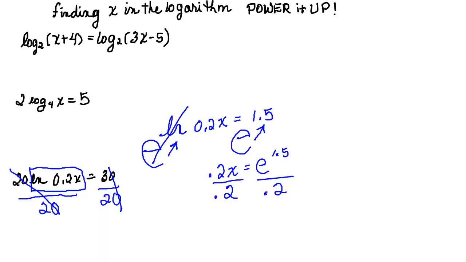Second key, e, power key, 1.5, enter, divide by 0.2, and we get x equals 22.408. I like giving it a couple little things out behind because that just gives you more of an exact answer. And again, you can George Polya it, put it back into the original equation, see if it makes a true statement.